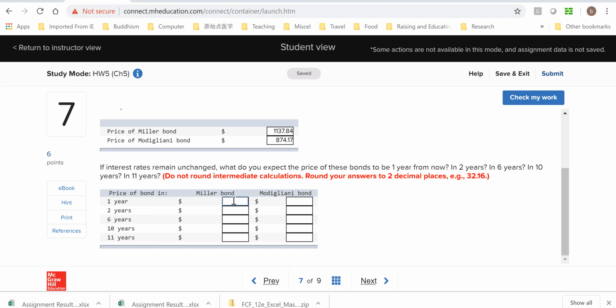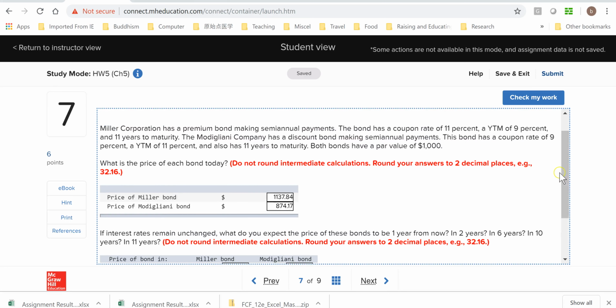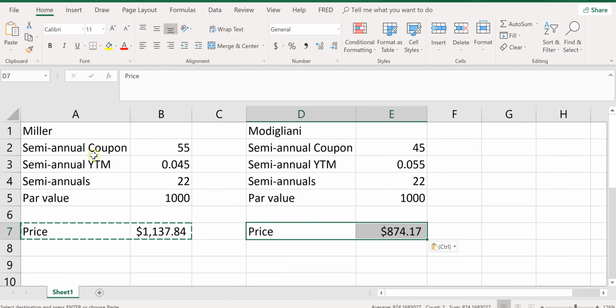The question asks us what will be the price of the bond 1 year from now, so what will change? Let's see.